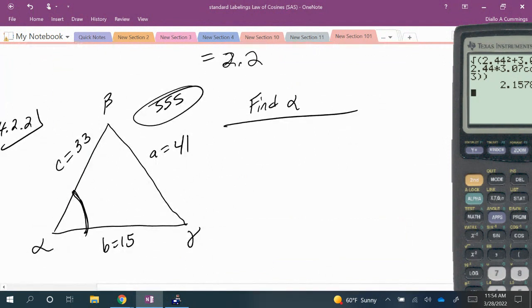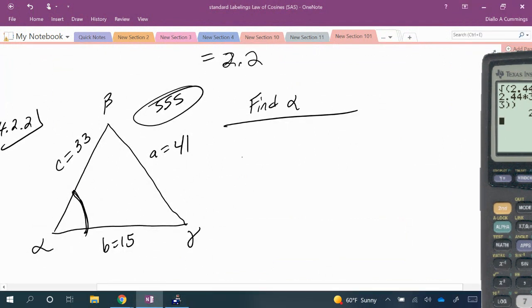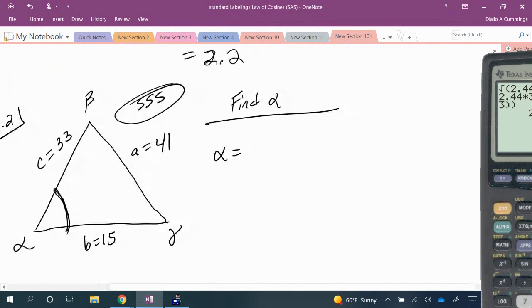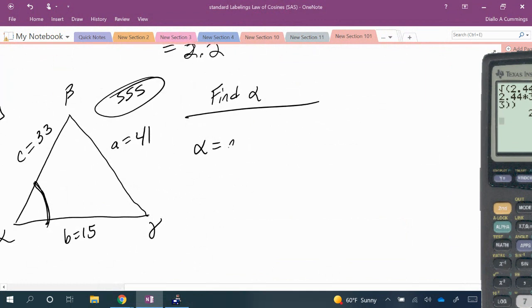So now in order to find alpha, we were given a formula. Alpha is equal to the arc cosine of b squared plus c squared minus a squared over 2bc.